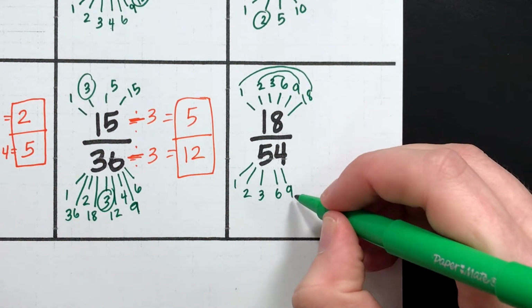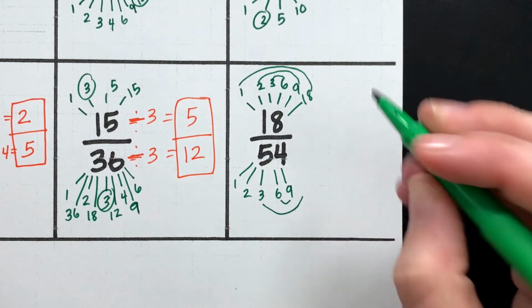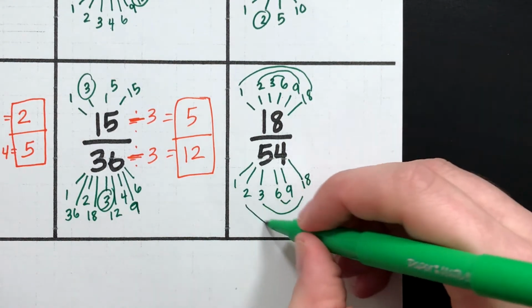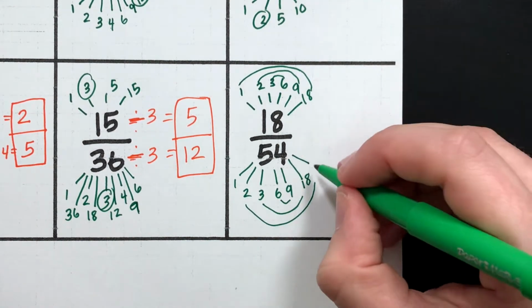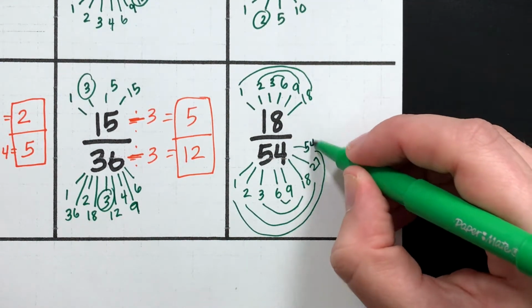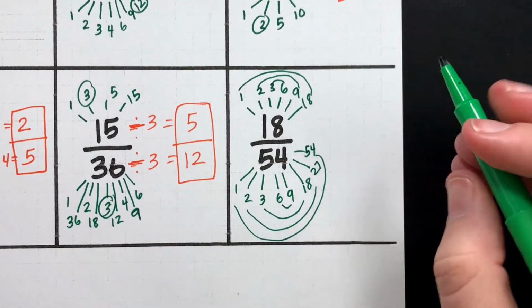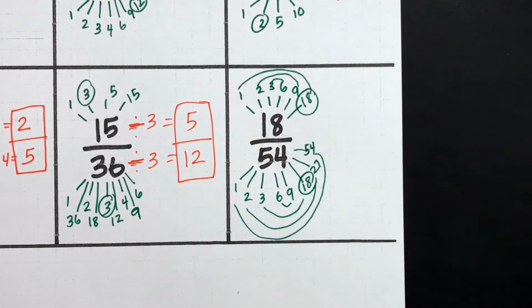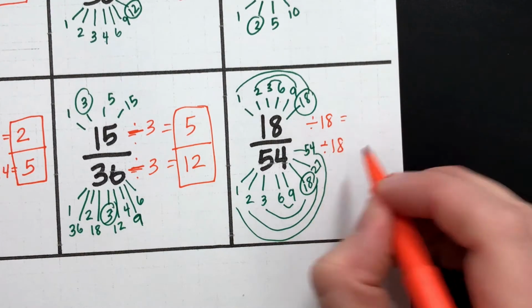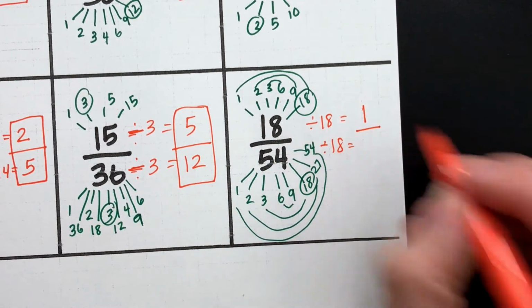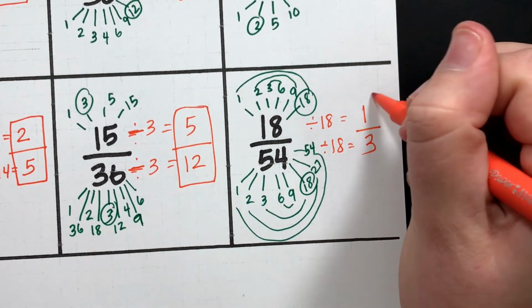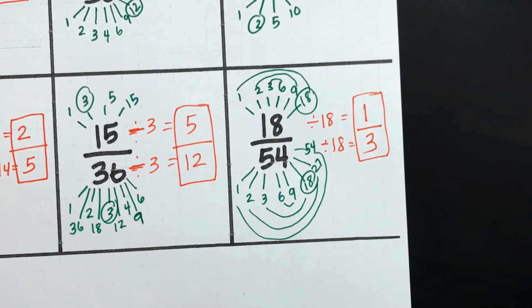All right, so let's see, okay, 6 times 9 is 54, so 3 times 18 is 54. 2 times 27 is 54, and then 1 times 54 is 54. So those are all the factors of 54. Our highest is 18. So we can divide both sides by 18. And 18 divided by 18 is 1. And then 54 divided by 18 is 3. So 18/54 is simplified to 1/3.